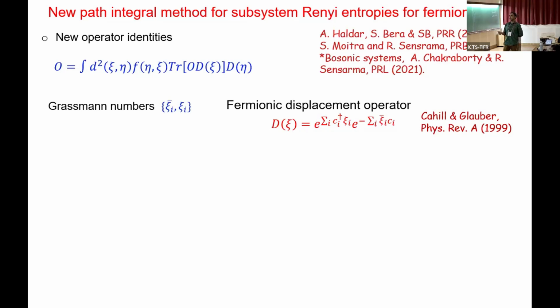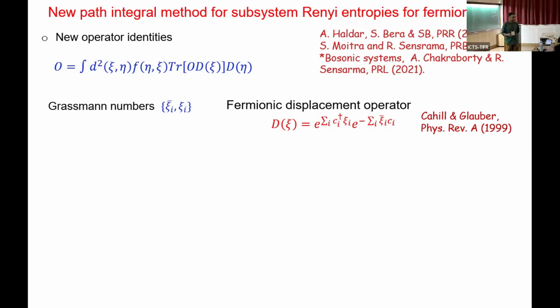This is an exact identity that you can prove. This exact identity was not there in Cahill and Glauber. This is something that we found out, and these people also found out. So this makes the calculation possible. With the identity that was there in Cahill and Glauber, you couldn't easily write a path integral. Anyway, that's a technical point. But in the end, you can write any operator like this using this displacement operator.